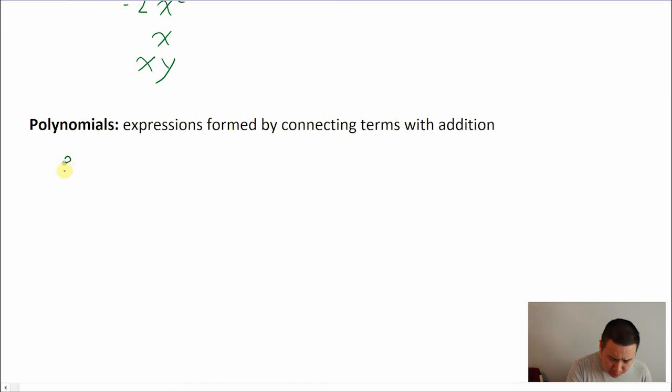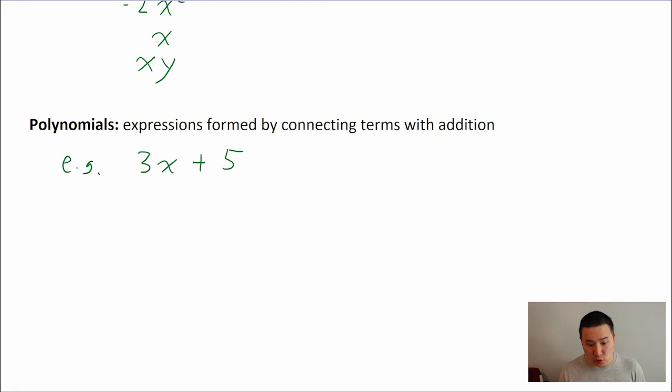I'll give you an example. Here's 3x. That's a term. Then we have 5. That's a term. And when we put them together using addition, so 3x plus 5, that's an example of a polynomial. It's a bunch of terms stitched together with addition.